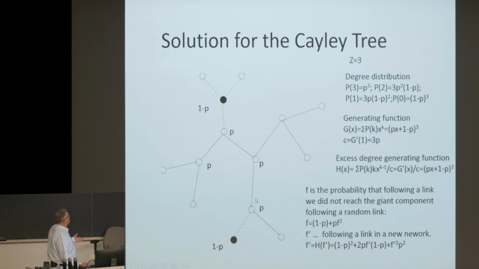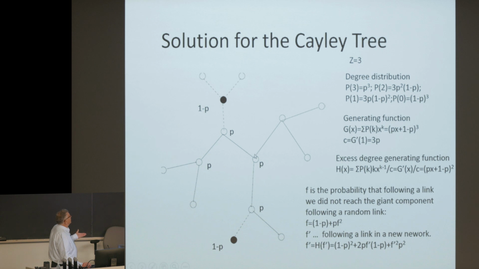Because if you select a certain link, and you ask what is the probability that this will not lead to a giant component. First of all, it won't lead to a giant component if the first node is dead, like for example here. But if this node is not dead, then you have to look at the probability for these two links not to go to a giant component.